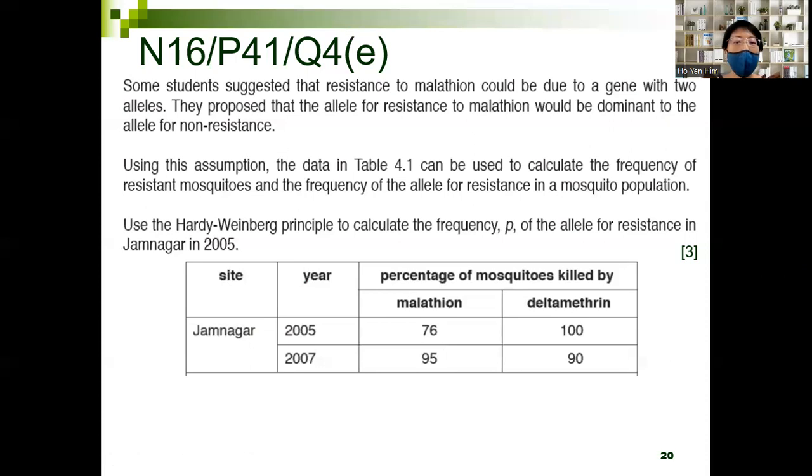So are we able to find out what P is? Can, right? Please calculate and tell me your answer. P squared plus 2PQ equals 76%, 0.76, correct?